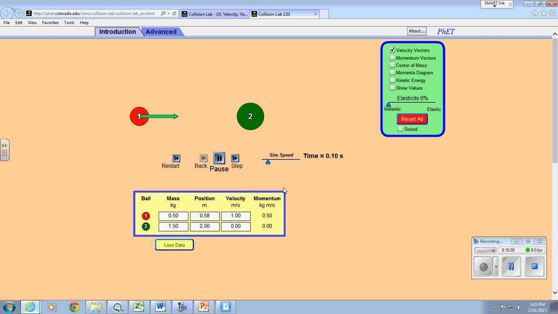Not sure where I left off, but I paused this somewhere around here, I believe. So we're seeing these two objects combine, and now they have the same exact velocity. You can see here that they have the same velocity, and they're moving off together. They're combined, just like the mitt and the ball.